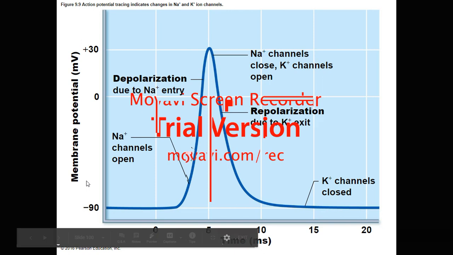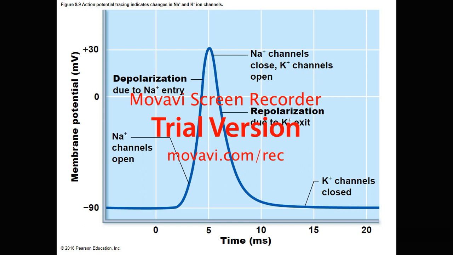If that localized depolarization reaches a certain threshold, a certain amount of positive inside the cell membrane, then voltage gated sodium channels open up, and that entry allows depolarization to occur. Once that occurs, the action potential fires.